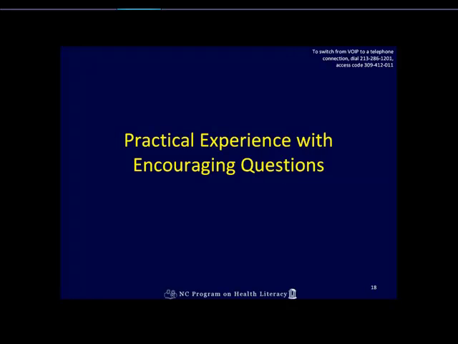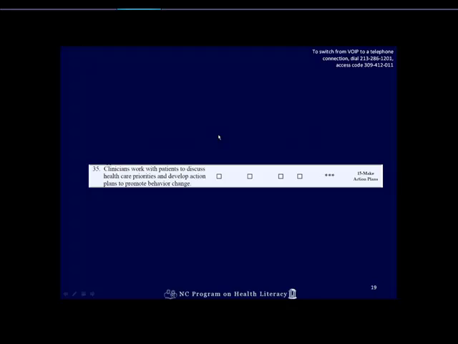That's perfect. Let me move on to the last area, Laura, that we were going to talk about today, and this is in the area of helping patients set action plans. And in the assessment, we have an item that says, clinicians work with patients to discuss healthcare priorities and develop action plans to promote behavior change.